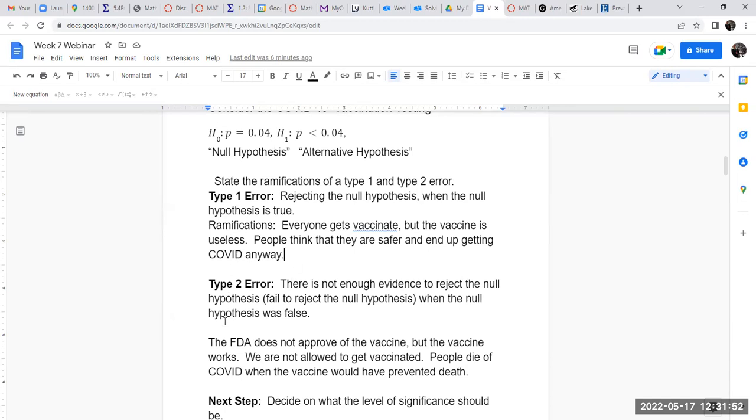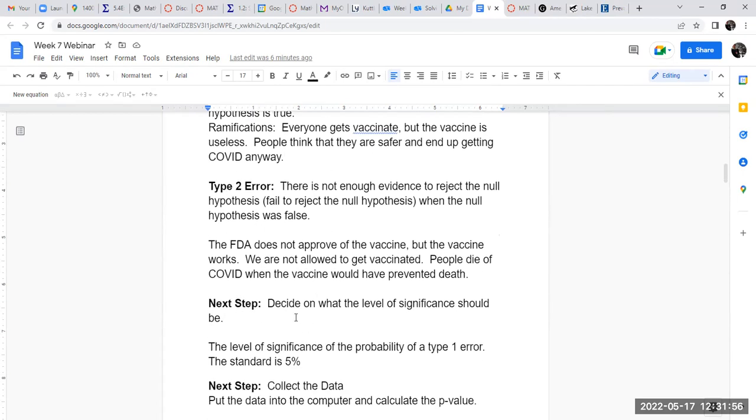So the next thing you do is decide about the type 1 and type 2 errors, and then you decide on a level of significance. All this is before you do the testing. This is just all in your imagination. You're just figuring out where things could go wrong before you just do it, hoping it works. We haven't even tested yet.